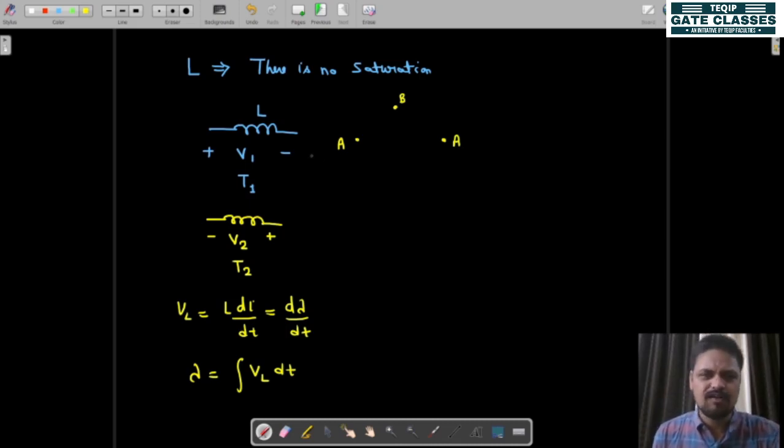So, in a DC-DC converter this is not the condition, it will be charge, discharge, charge, discharge. So, in this condition, if we are saying that there is no saturation, it means the starting point and ending point are going to be the same.